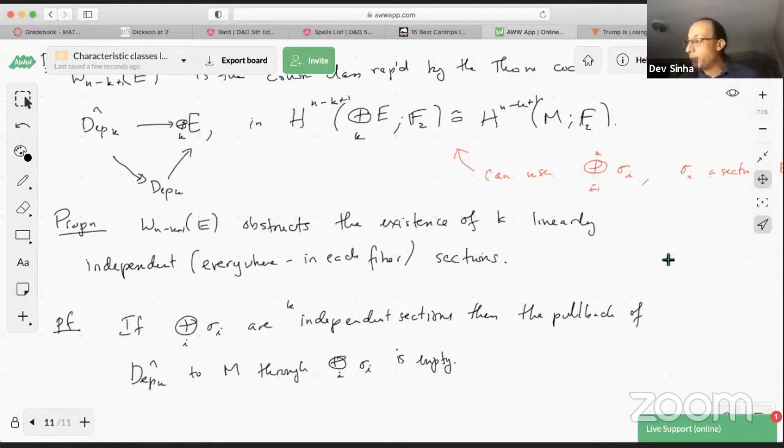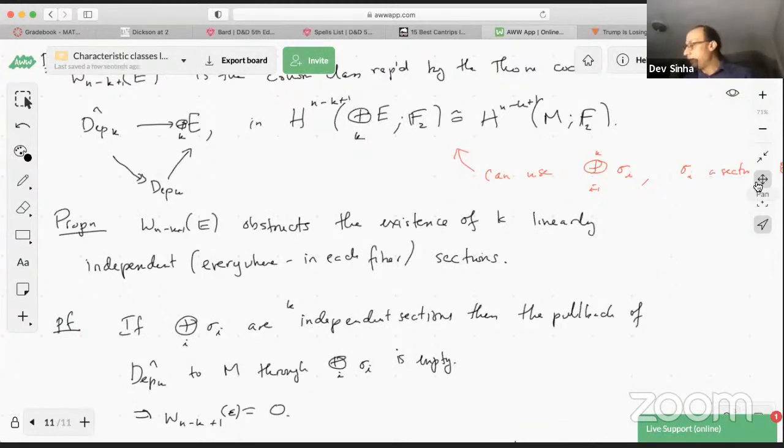And so that means that this class is 0. Okay, so normally in obstruction theory, by the way, that's basically the proof, but let's note that the contrapositive is that if this class is not 0, that means there's no such collection of sigma I which are independent everywhere.